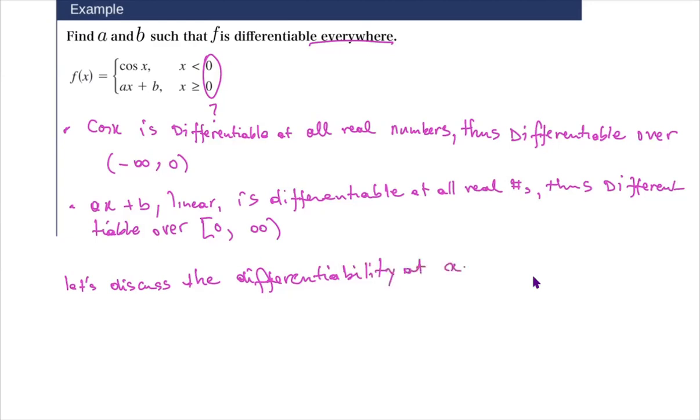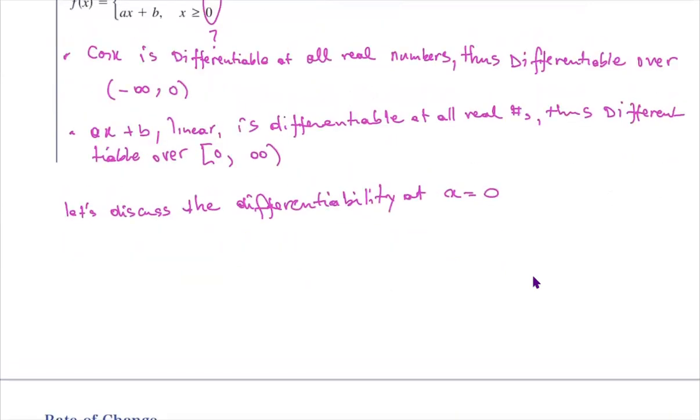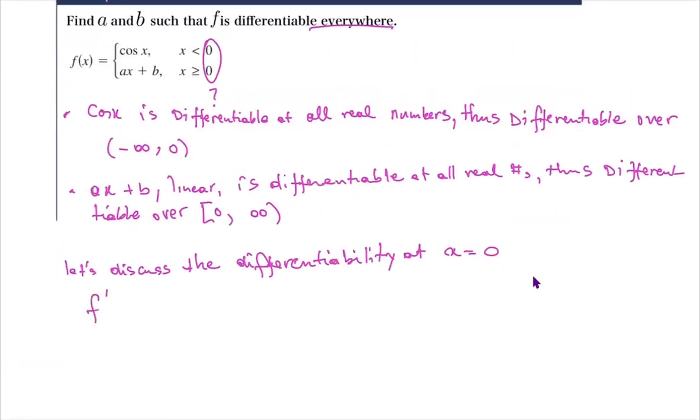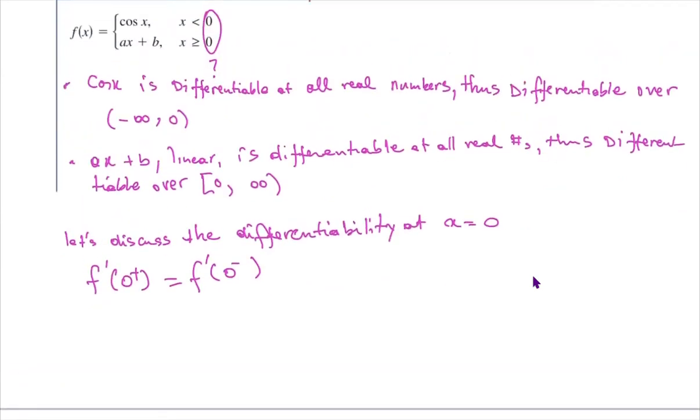at x equals 0. We need to make sure that we calculate f prime of 0 plus, and it should be the same as f prime of 0 minus. These two must be the same. Let me start with the 0 minus, because that's the top function.